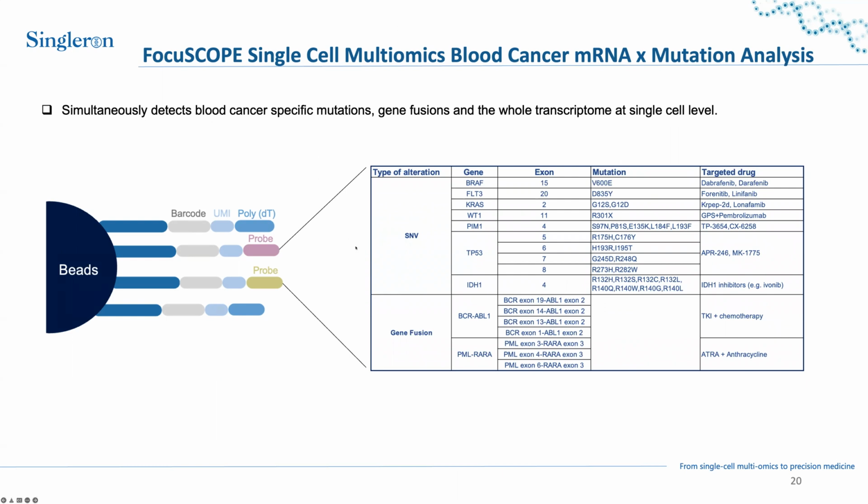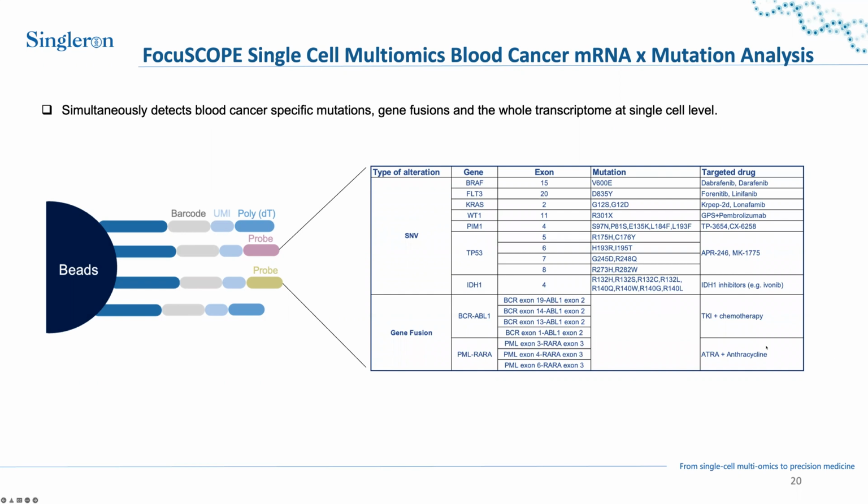With this focus panel, we are targeting major SNVs and, in addition, 2 different gene fusions. The BCR-ABL1 gene fusion and the PML-RARA gene fusion are both very important in leukemia.